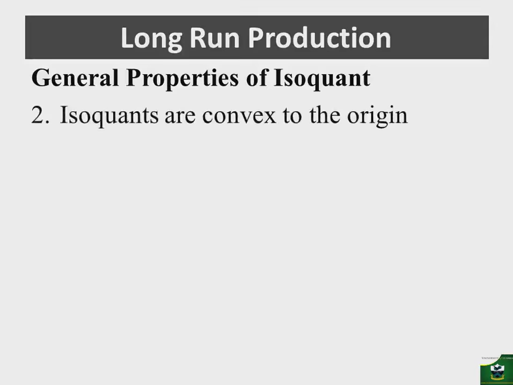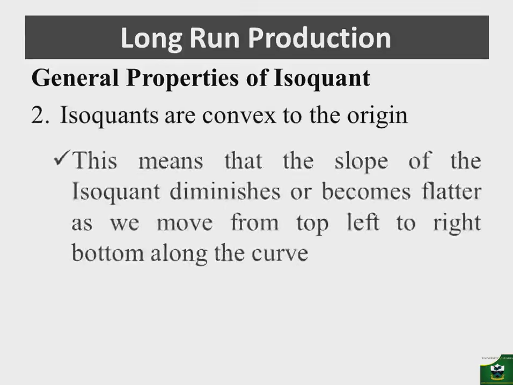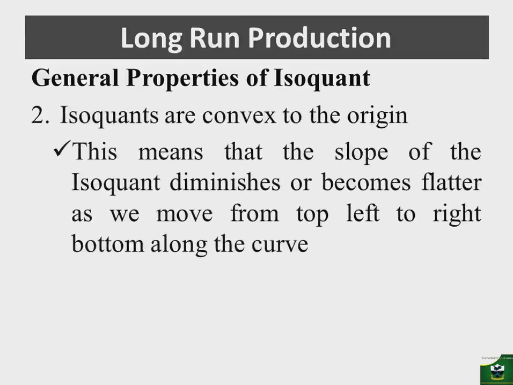In that way, you will have a downward sloping isoquant. The second property is that isoquants are convex to the origin, and this means that the slope of the isoquants diminishes or becomes flatter as we move from top left to right bottom along the curve. Now, this is an illustration, so let me do a rough drawing here. If you are here, the more you move down the curve, you will notice that the curve becomes flatter.